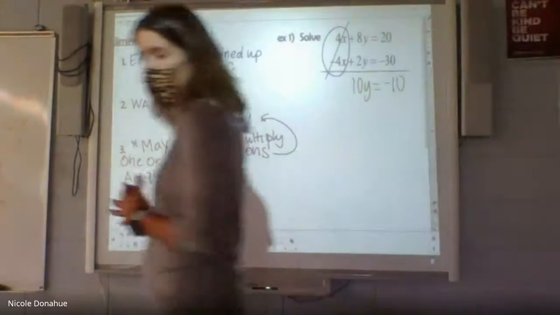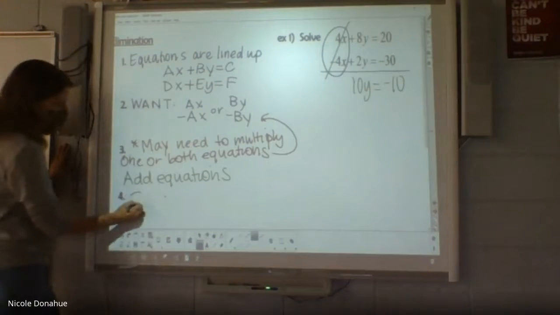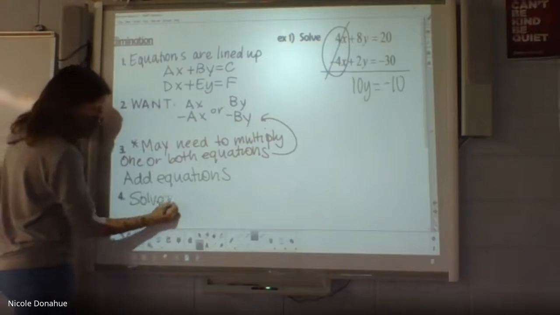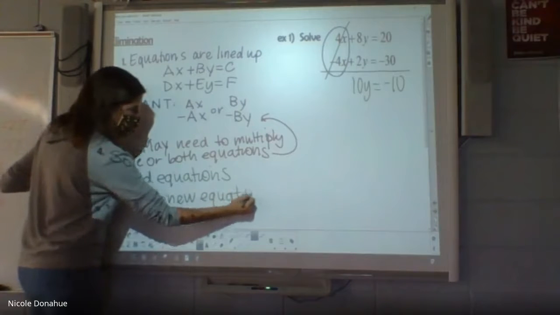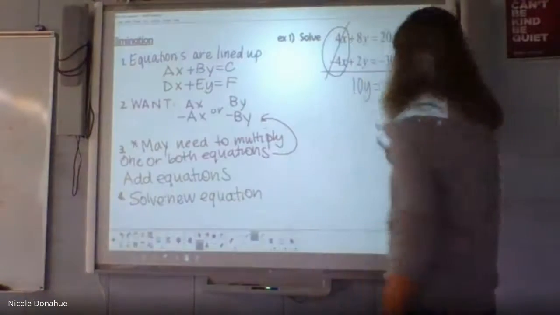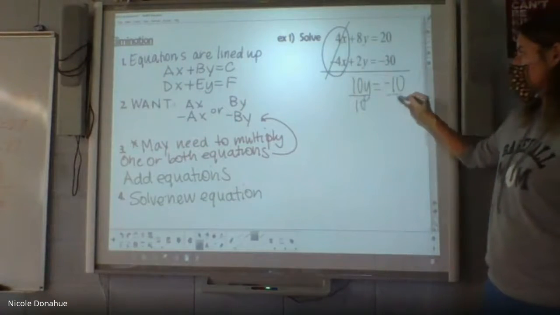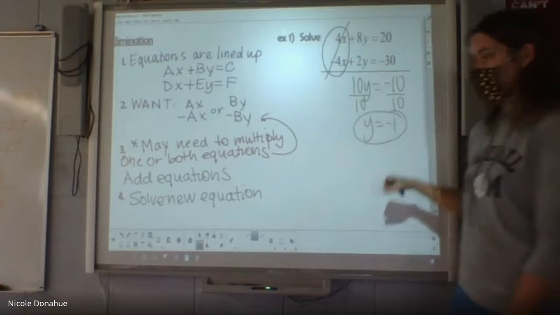Now I've got my equation down to one equation with one unknown, so I can solve this new equation. I'm just going to divide that by 10. So y is going to end up being negative 1.